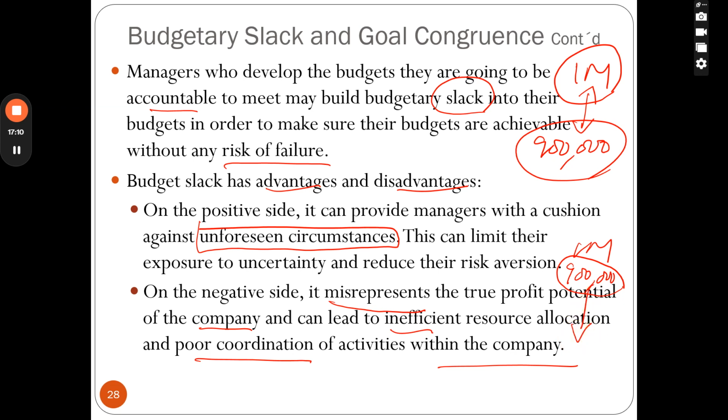He will not consider the 1 million units that are going to be sold. He will make his plan based on this 900,000, and allocate the resources based on that. How many employees are needed, how many laborers, how much material, everything will be allocated based on this 900,000. So it is actually misrepresented.